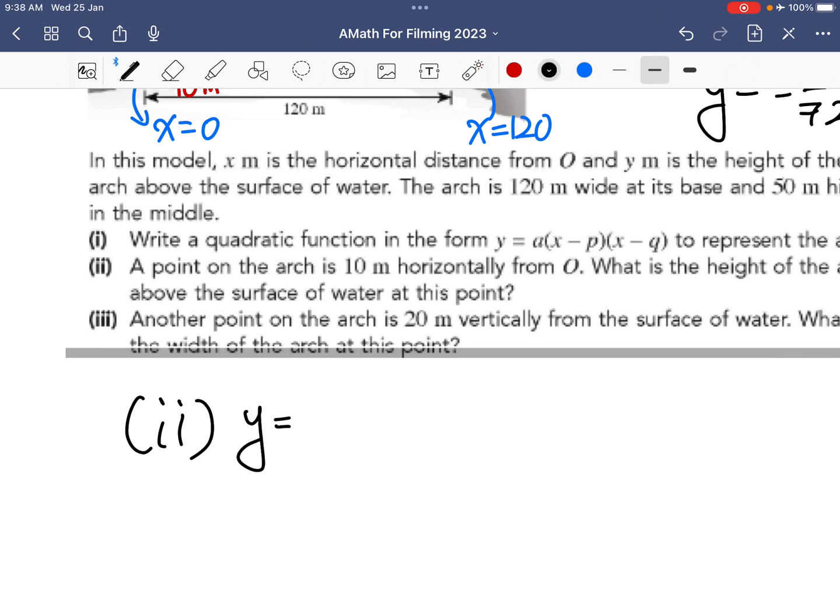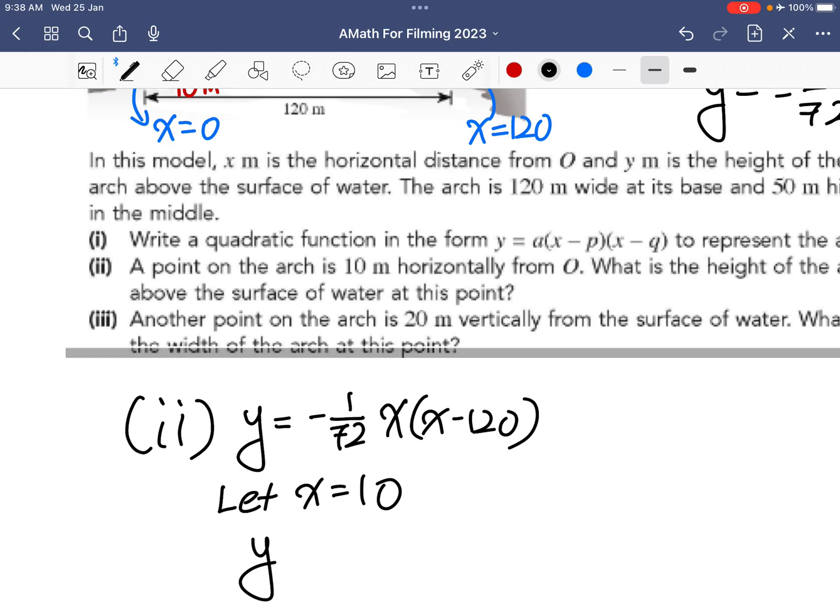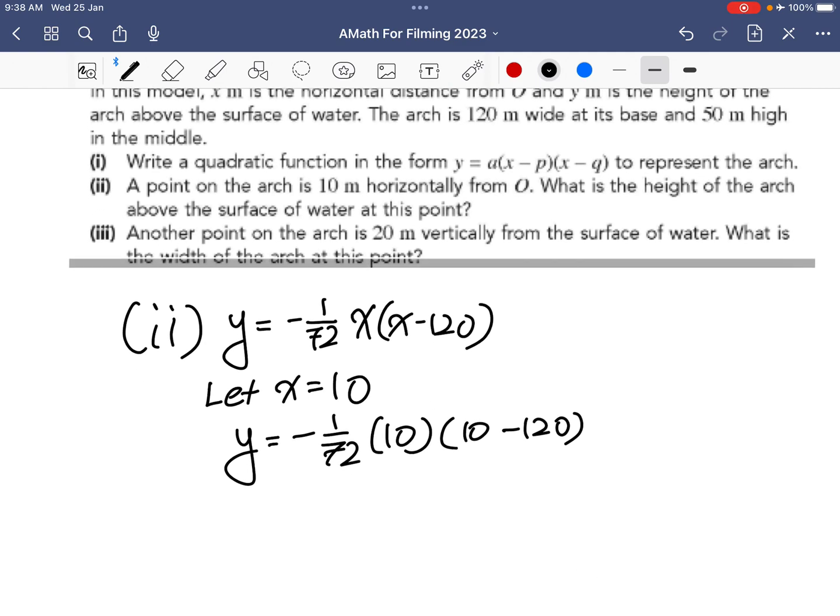If you remember, our equation earlier is y equals negative 1 over 72 x (x minus 120). I will let my x value equal 10. I substitute in the value of x equals 10, and I find that my y value is equal to 15 and 5 over 18 meters.